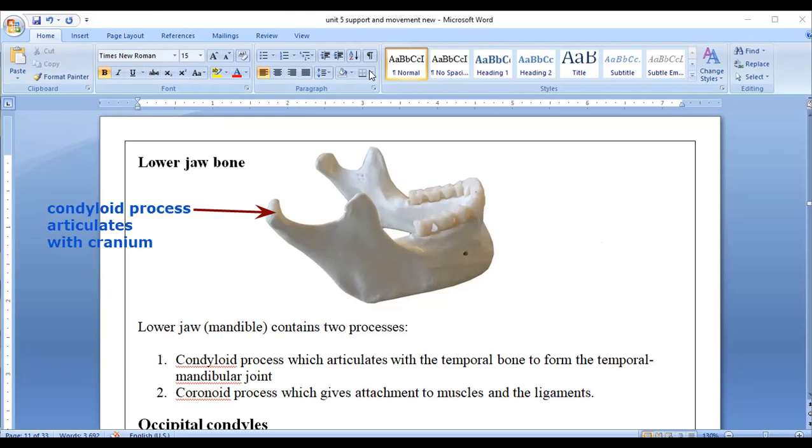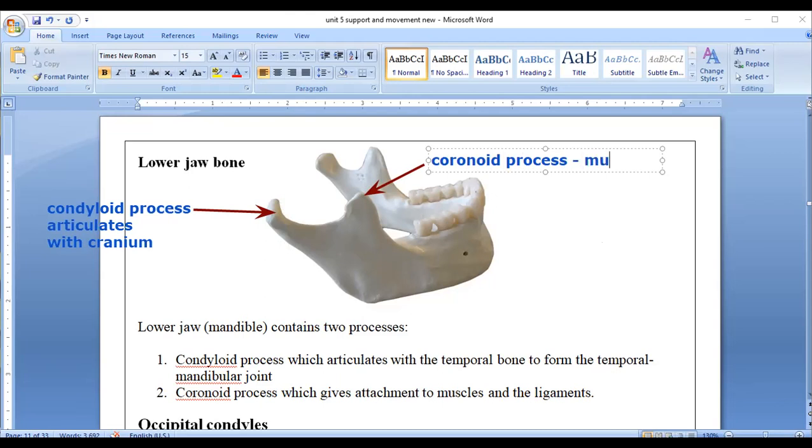Okay. And there is another process here that is called the coronoid process. It gives attachment to muscles and ligaments.